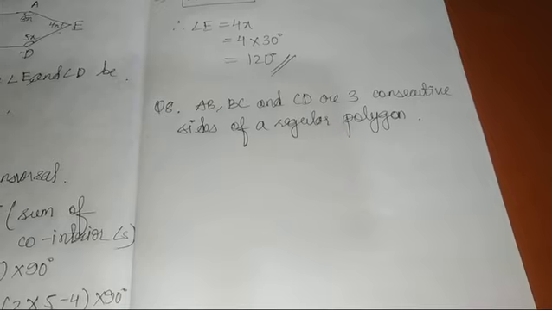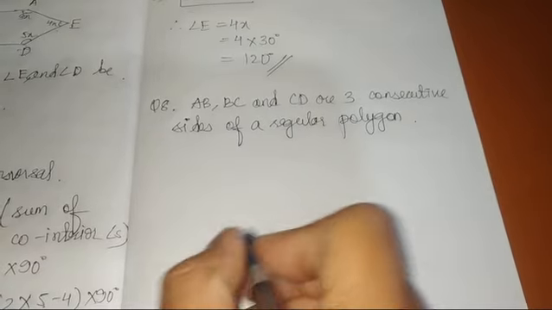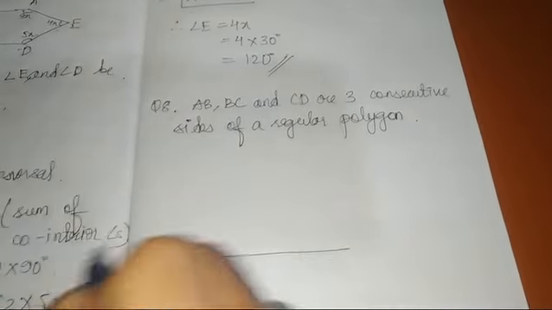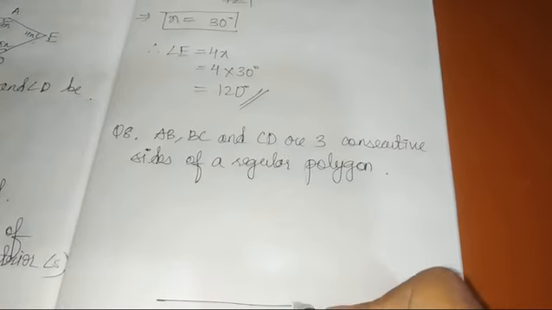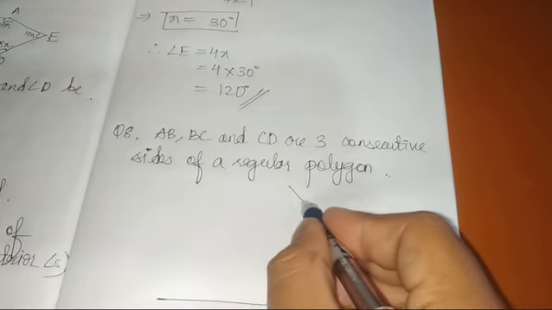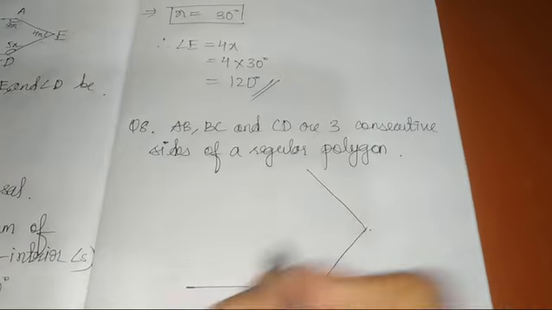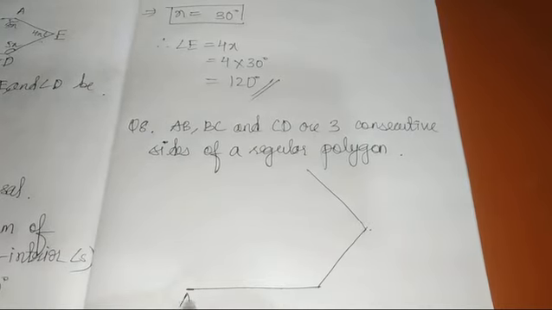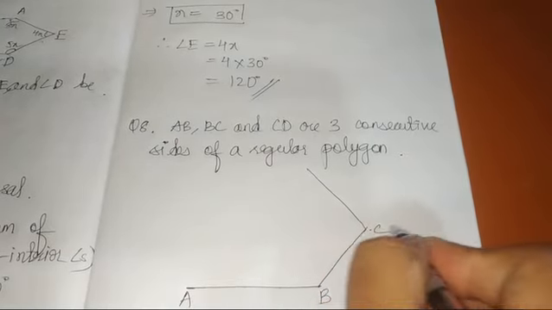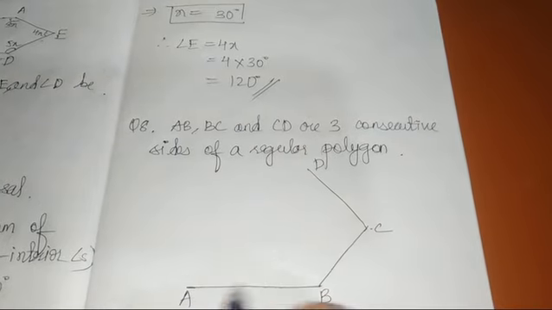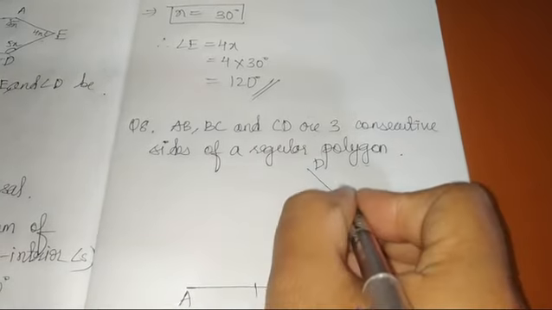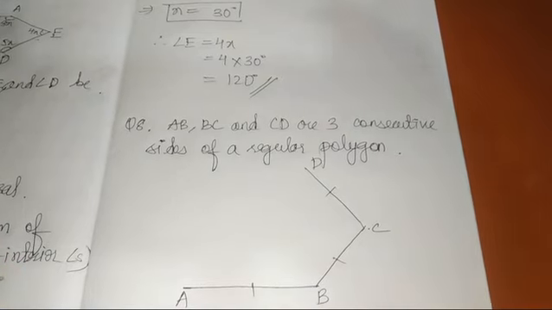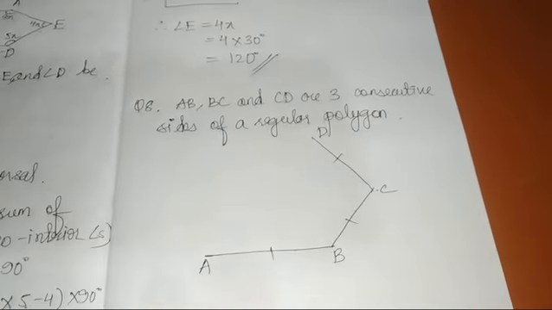Three consecutive sides of a regular polygon, so I'm drawing like this. This is AB, this is BC and this goes CD, somewhat like this. I'm starting from here: A, B, C, D. This side and this side have to be equal by default because it's a regular polygon. All the sides have to be equal.